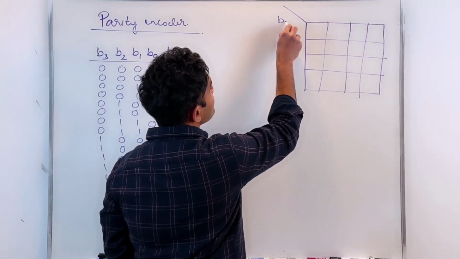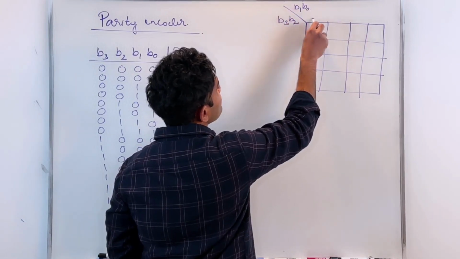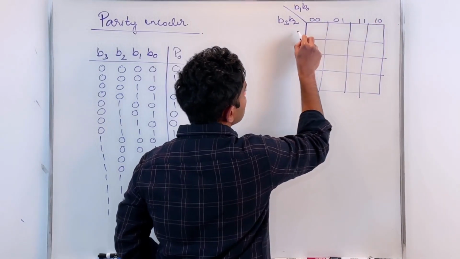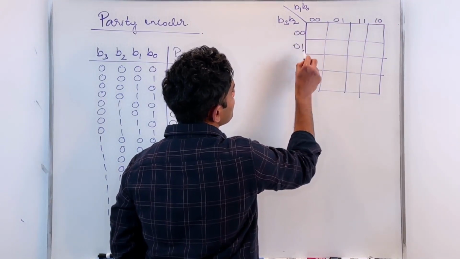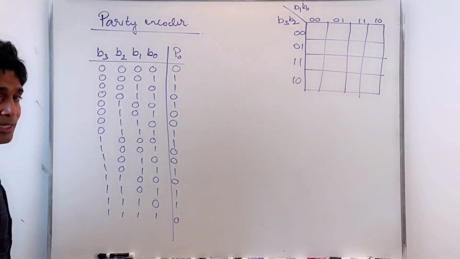I have B3, B2, B1, B0 labels: 00, 01, 11, 10. Okay, let's put down those ones.